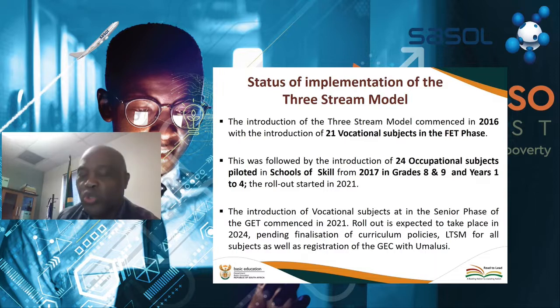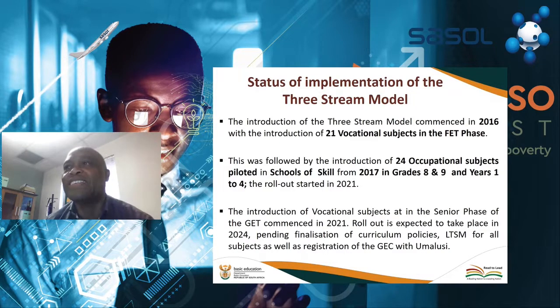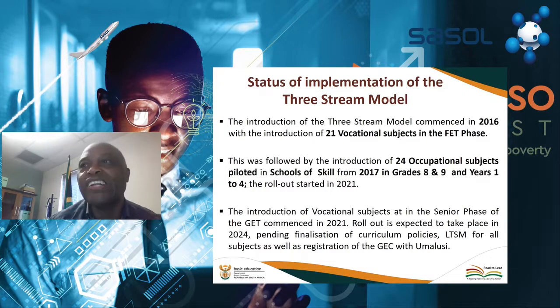We submitted those to Umalusi for appraisal, and we received feedback, and that feedback has already been incorporated in the subjects, and LTSM has been developed. So in actual fact, the curriculum has been written and completed.